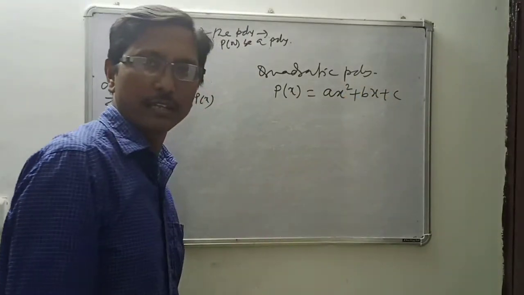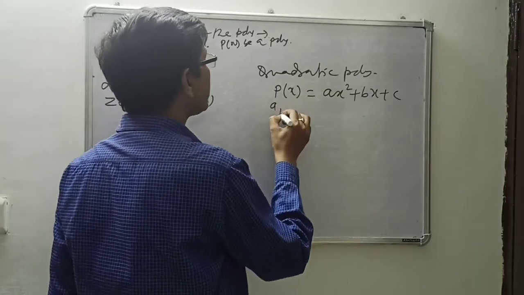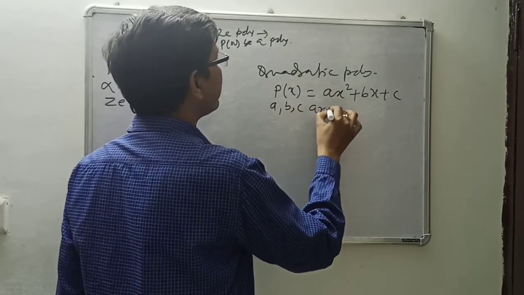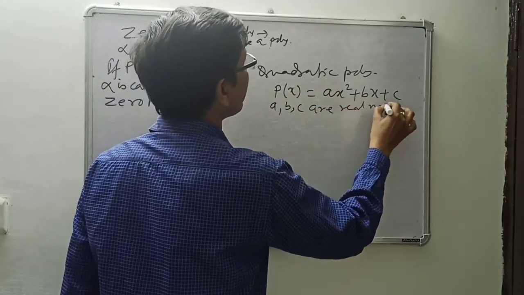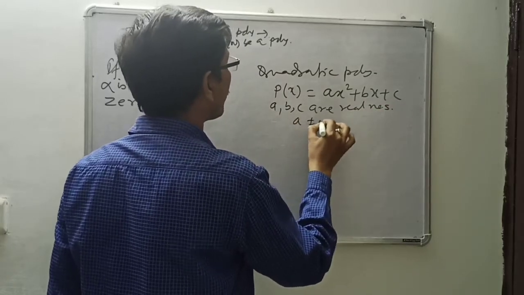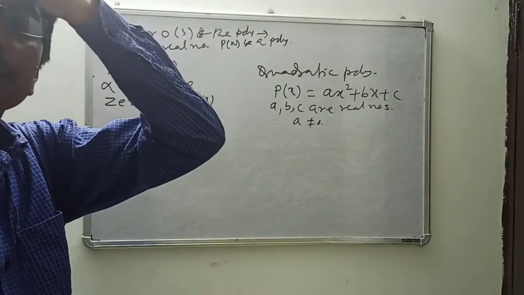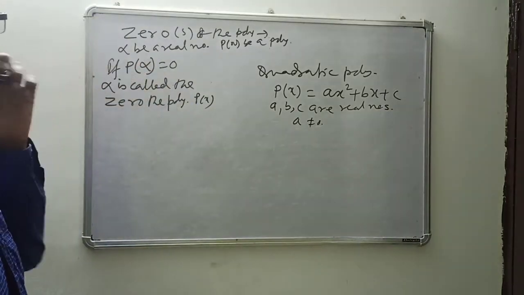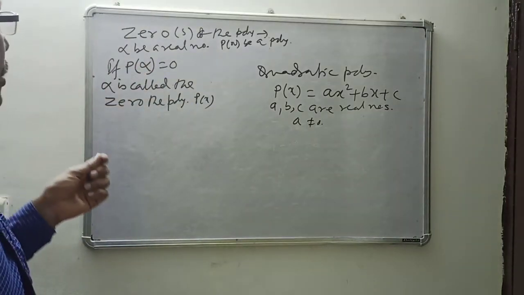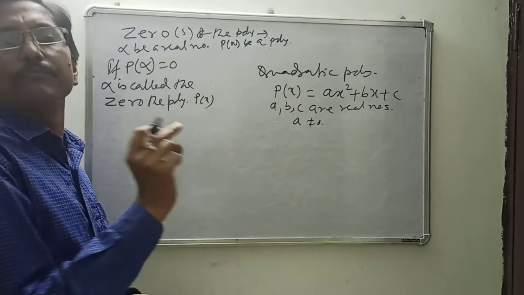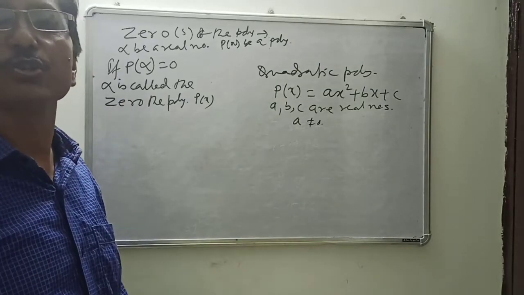Degree is 2. Here a, b, c are real numbers and a should not be equal to 0. Then it will be a quadratic polynomial. A polynomial of a given degree has at most that many zeros.